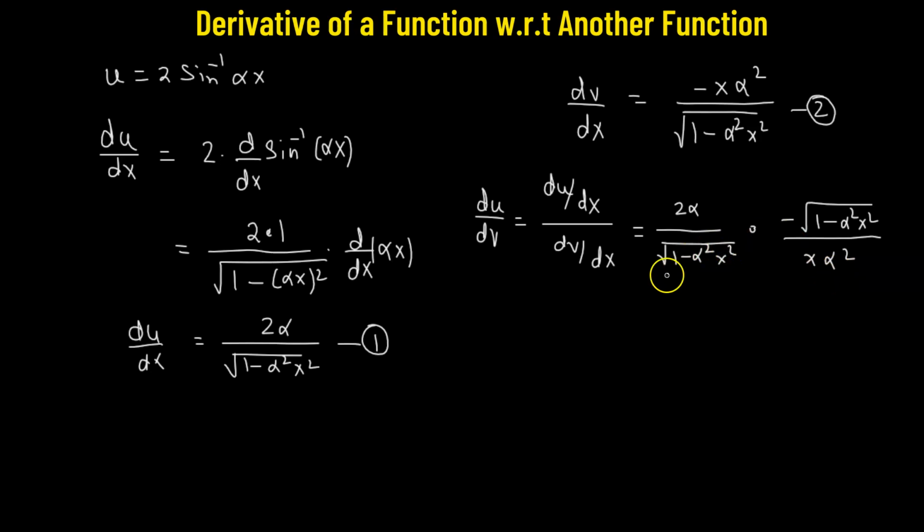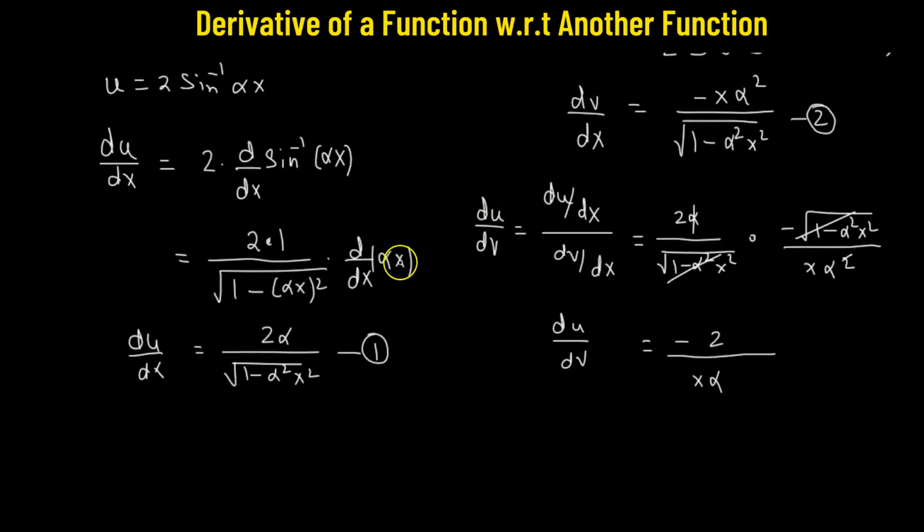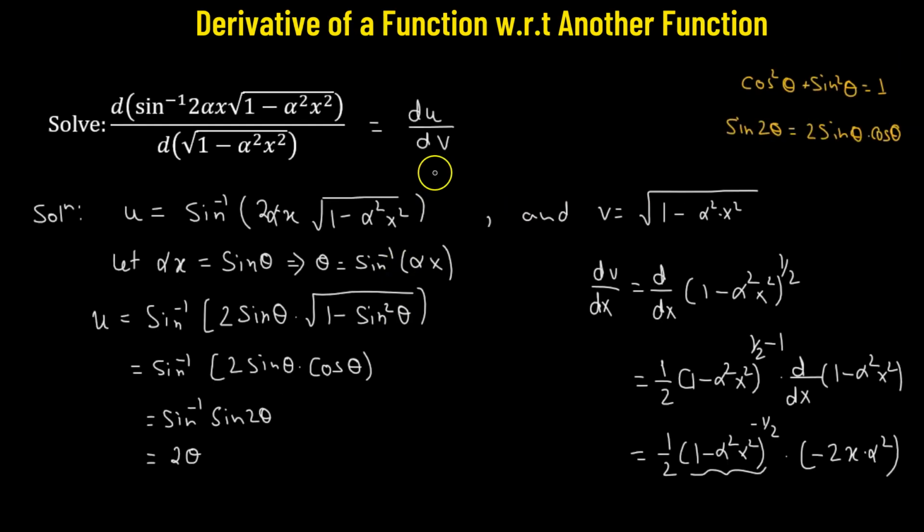Here the numerator and denominator square root terms get cancelled. We have negative 2, and 1 alpha from the numerator and 1 from the denominator goes away. So we have negative 2 divided by x times alpha. So this is the value of the derivative of u with respect to v. Finally, we can say that the given derivative is negative 2 divided by alpha times x.